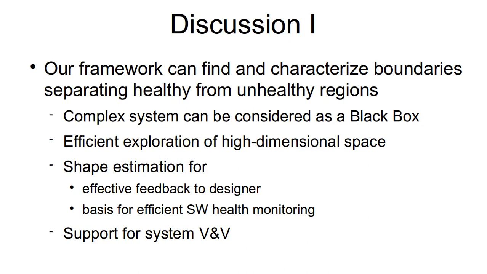Our framework considers the software system, or the system under test, which can be a complex software system or even a software ecosystem, as a black box, which means we don't need to restrict ourselves to certain kinds of architectures. We are able to efficiently explore high-dimensional spaces, and we can perform shape estimation for the safety boundaries which we find.